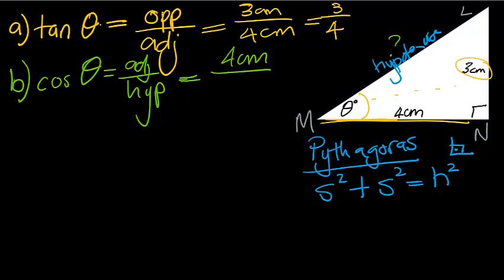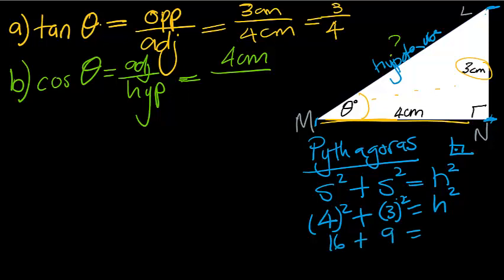It's the same side. So in this instance, MN is going to be our one side, so it's going to be 4 squared plus NL, which is our second side, 3 squared, is equal to hypotenuse squared. 4 squared is 16 plus 3 squared is 9 equals h squared. 9 plus 16 is 25 equals h squared.